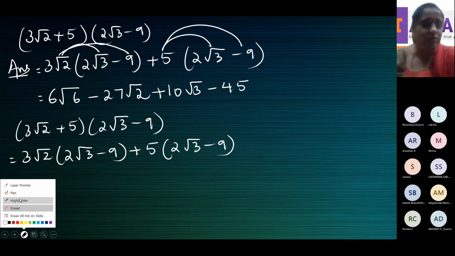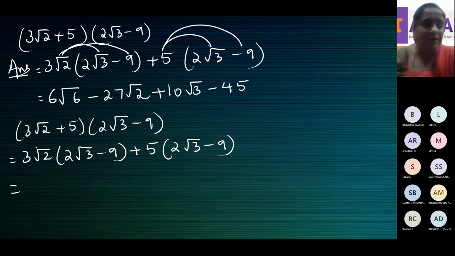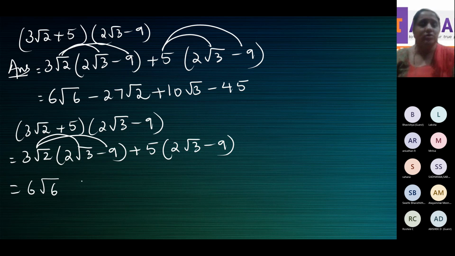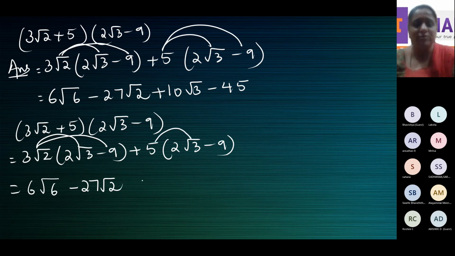Now, what do you do? Multiply 3 root 2 and 2 root 3. So 6 root 6. Next, 3 root 2 into minus 9, minus 27 root 2. Now multiply these two, plus 10 root 3.